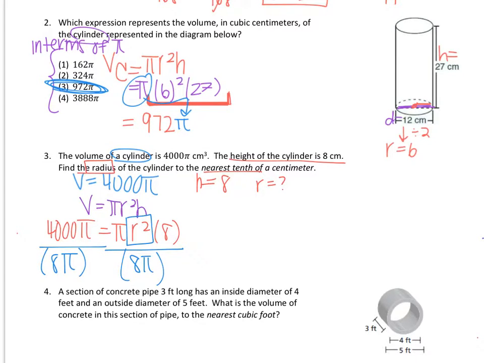Now you can think about this in one of two ways. Both of them cancel out the 8s and the pi's on the right-hand side. The first way you could do this is to type this entire thing into your calculator: 4,000 pi divided by parentheses 8 pi. If you need to pause the video to type that in, now might be a good time to do so.